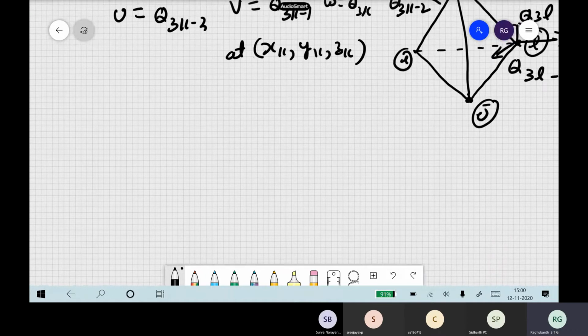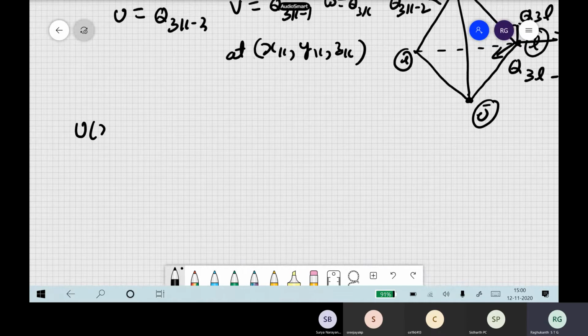You solve for all those things, so you can write in terms of our shape functions also.